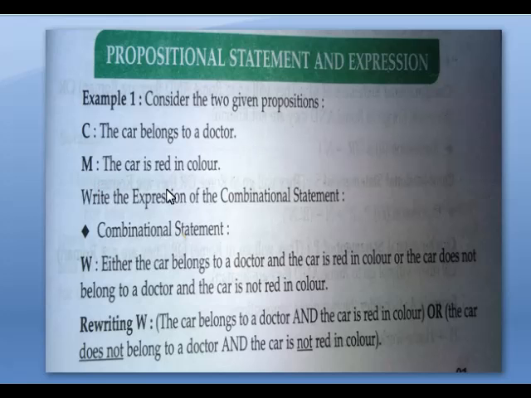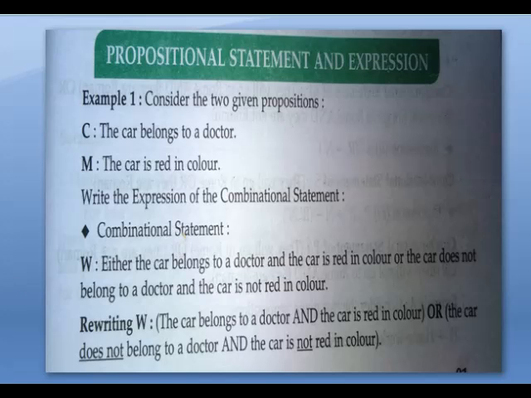Or, so this is the second connective we are using. Or, the car does not belong to a doctor and the car is not red in color. So this is the combinational statement.